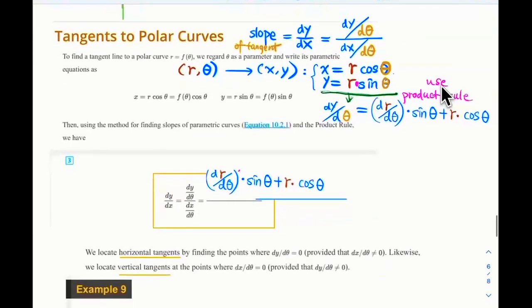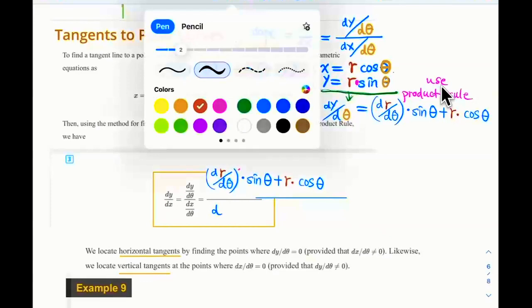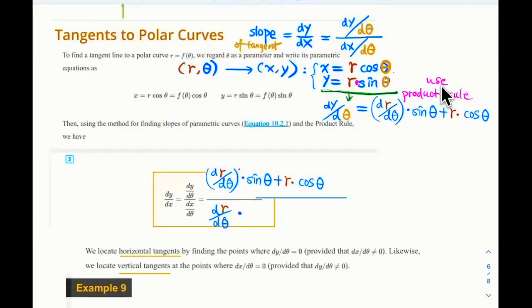Well, since you're doing so well, how about we do the dx/dθ here in the denominator? Again, we're going to use the product rule, right? So tell me, what should I put here? dr/dθ. Differentiate this with respect to θ. So dr/dθ, right? So let's write it down. Multiply with the second function, which is cosine θ.